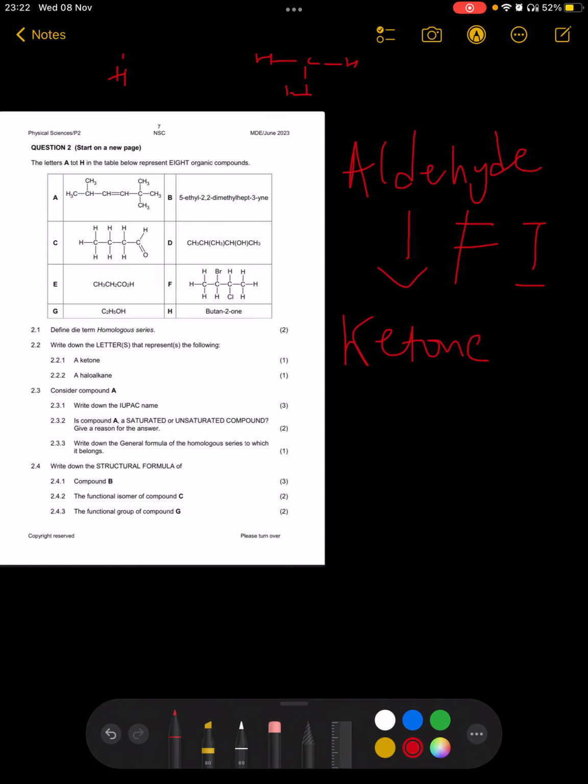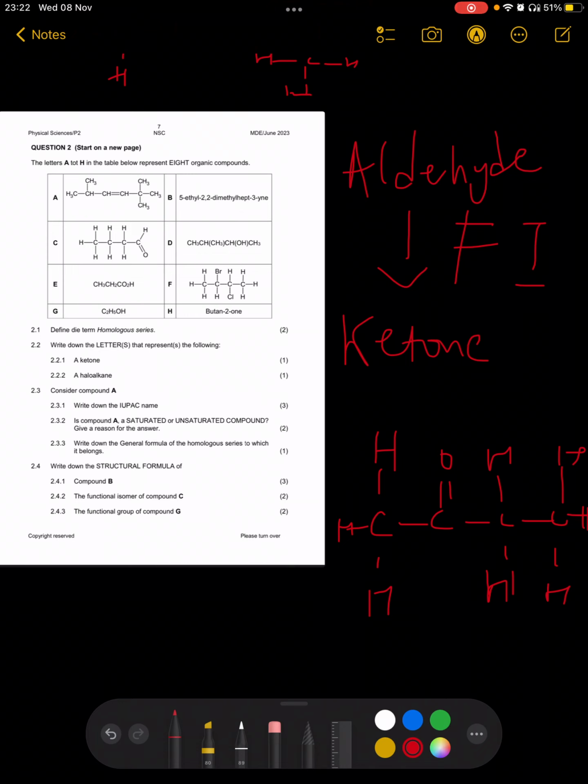So the only ketone that can be a functional isomer of butanal is C double bond O, with H's on the sides.